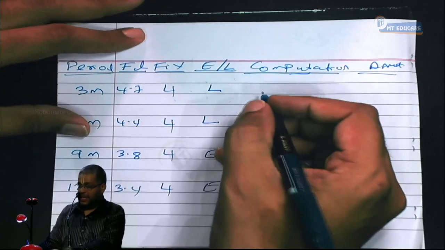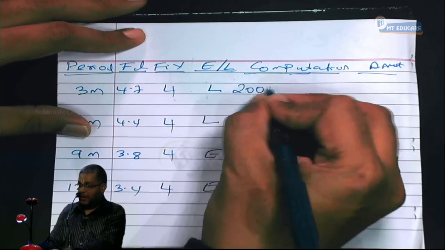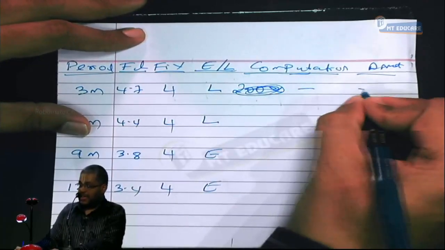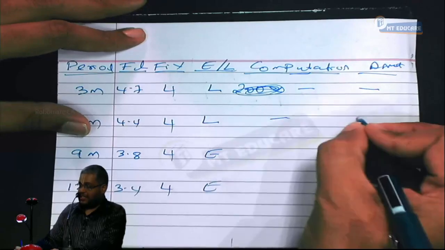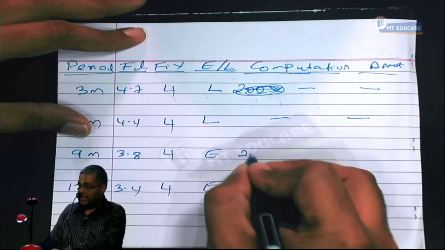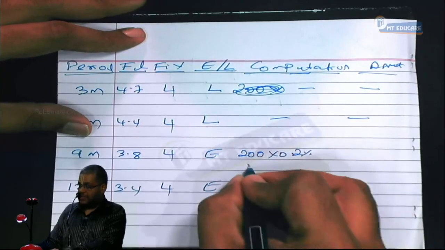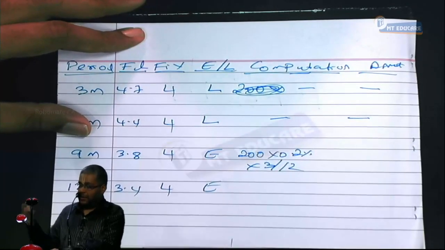Tell the computation here. Computation is 200 crores into, first case is lapse, second case is lapse. Third is 200 crores into 0.2% into 3 by 12. Am I right or not?